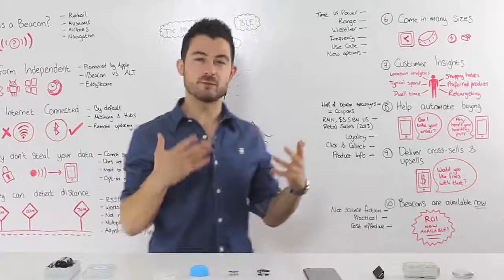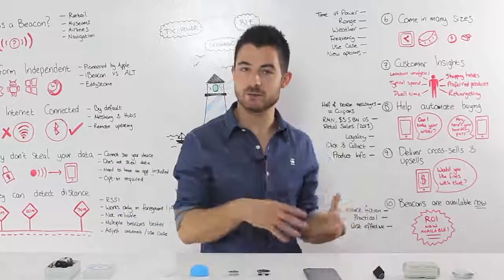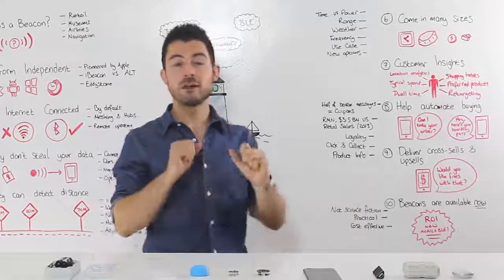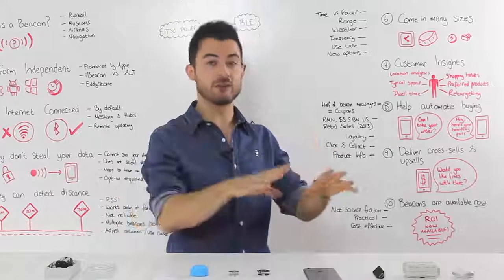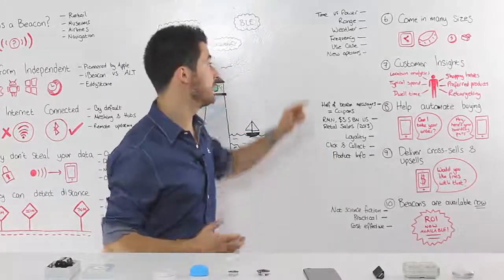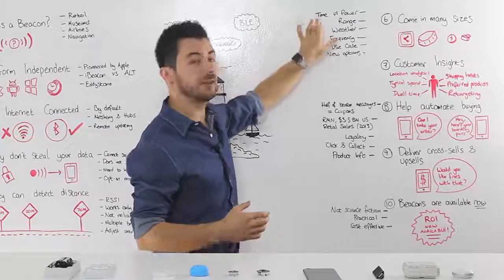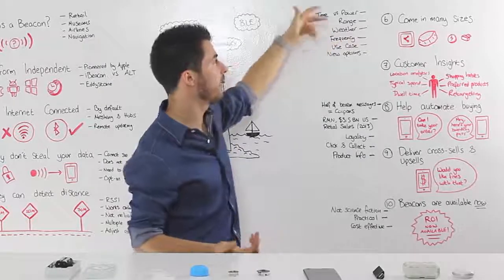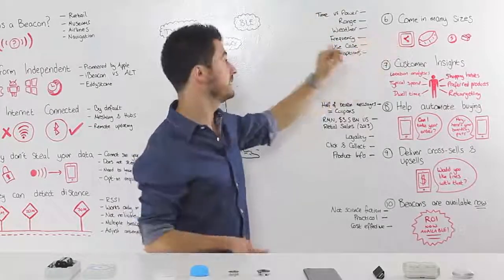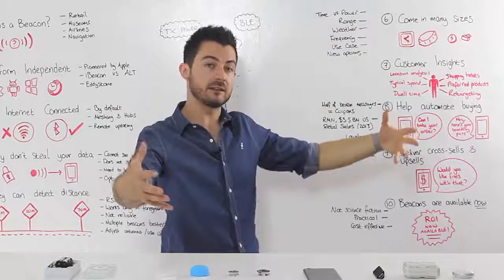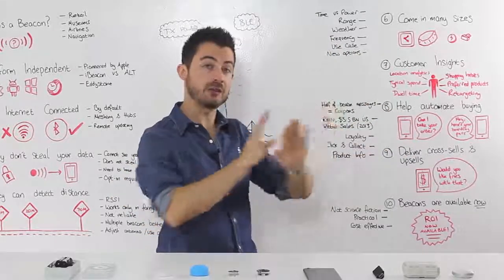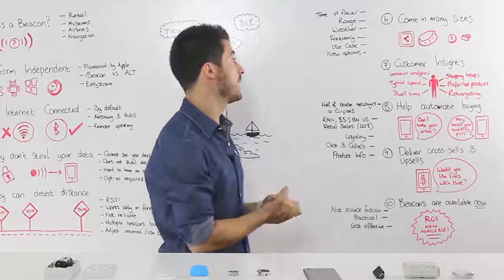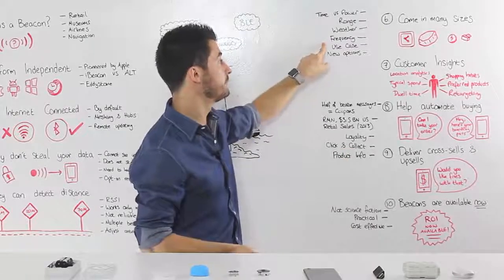Whereas if people are just browsing around your store, they're captive, you have them there, it might be enough to send your beacon packet out every second. That means you can save a lot of battery power. The time you need that beacon to work for, the power output it needs, the range you need the antenna to go for, and how many times you send out packets within that period are all very important.